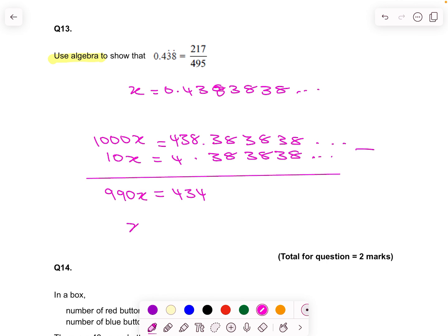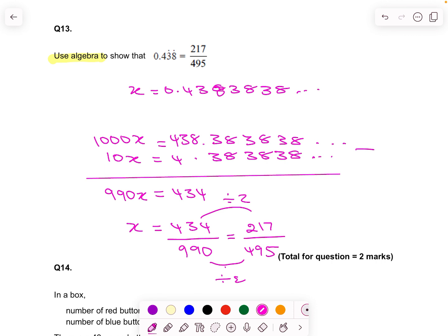So then x equals 434 over 990. They're both divisible by 2. So it is 217 over 495. And that's all you have to do for that one.